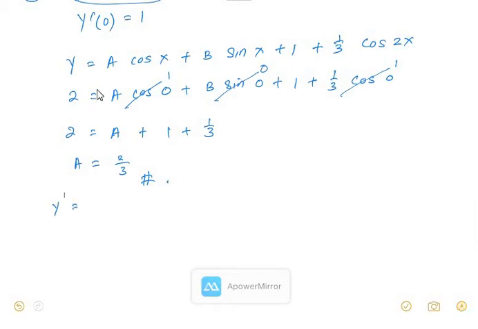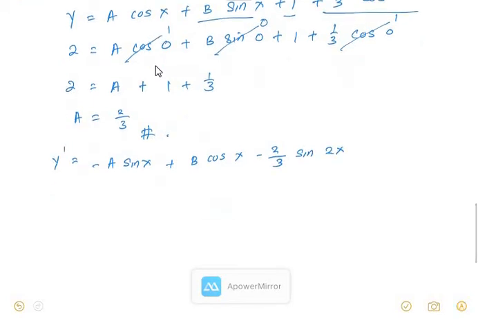Based on this equation, y prime is, you differentiate the a cos x, you get negative a sin x. And then differentiate the b sin x, you get b cos x. And then differentiate this one, you get nothing. And then differentiate the cos, you get negative sine. So negative 2 over 3 sin 2x.